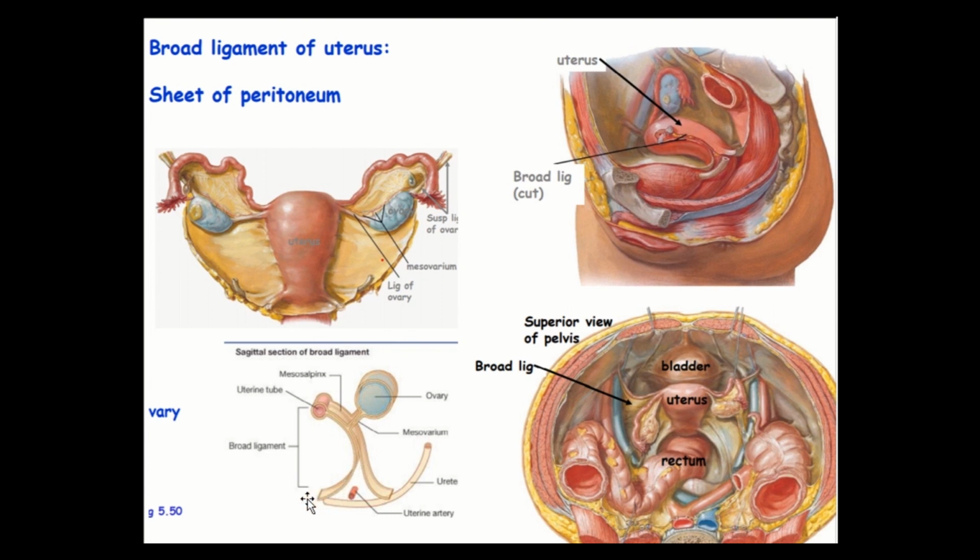So then it continues anteriorly and posteriorly with the remaining parietal peritoneal lining of the pelvic cavity. And you can see this little region over here, which is the mesosalpinx, and then the posterior extension of the broad ligament here, which is investing over the ovaries, that is the mesovarium. We'll look at these in much more detail in 3D when we look at the prosections in the lab.